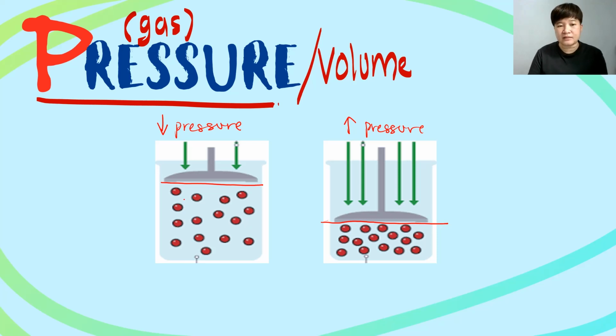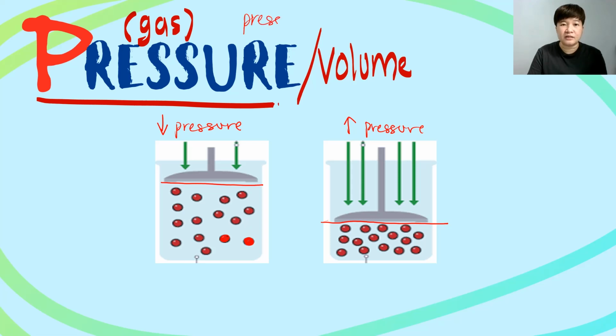If you calculate the number of particles that I have, the number of particles is the same. The number of red dots over here, the number of reacting particles, is the same if you count both left and right. That means they have the same concentration, but we are only changing the pressure and volume. As you can see over here, the pressure and volume are inversely proportional.